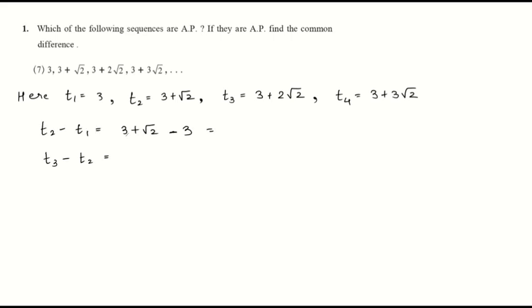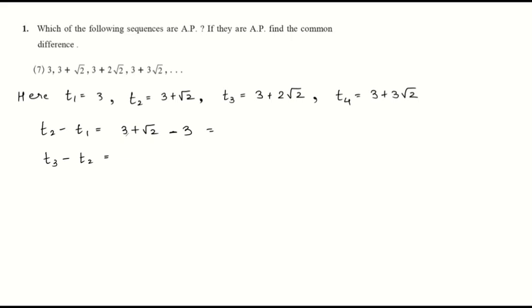If we solve this, t2 minus t1 will be, t2 is 3 plus root 2 and minus t1 is minus 3.